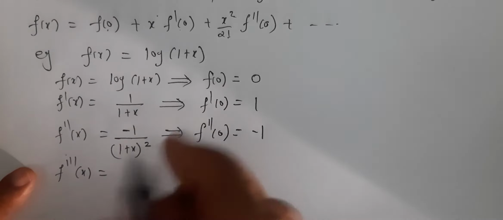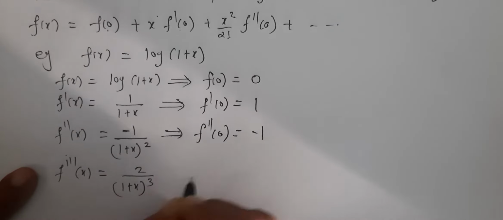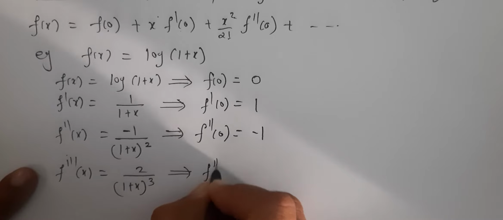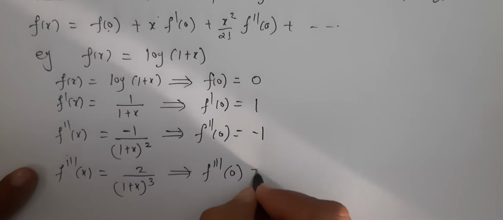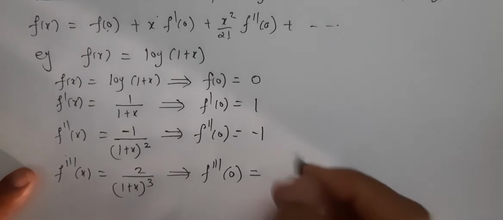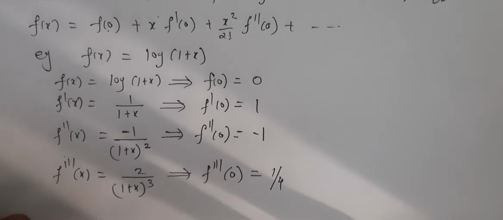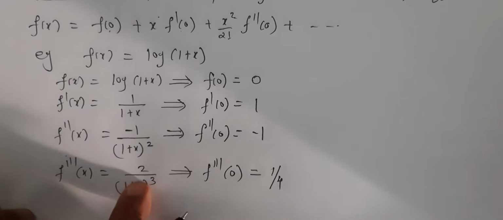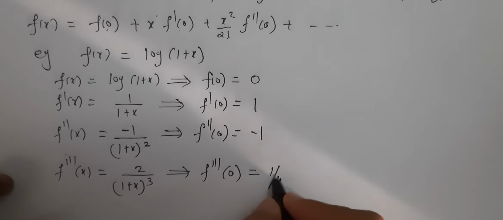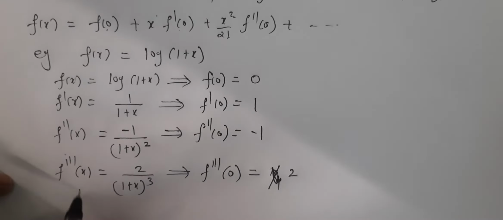So minus 1 into minus 2, that is 2 upon 1 plus x cube, and that gives us the triple derivative at 0. I'm so sorry, we are putting 0 here, extremely sorry. It will be 2. We are putting x equal to 0, etc.